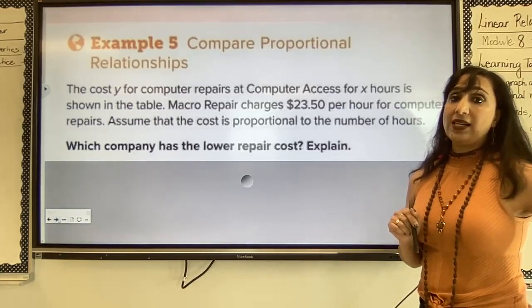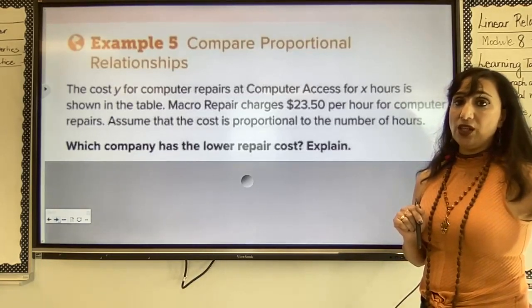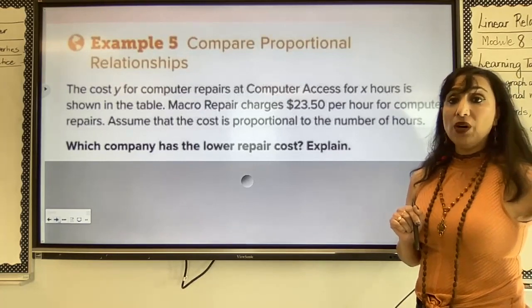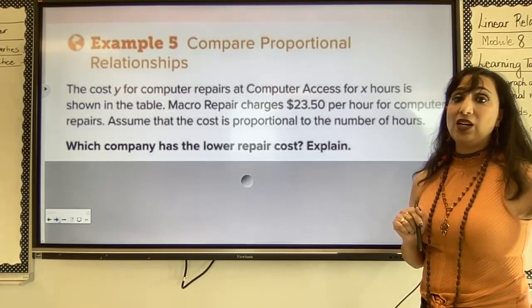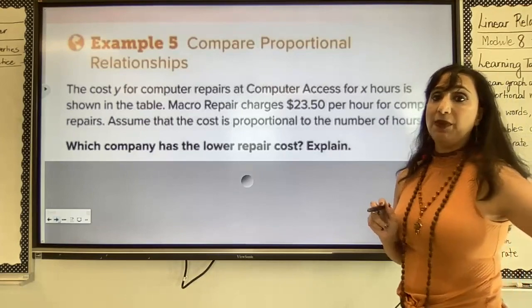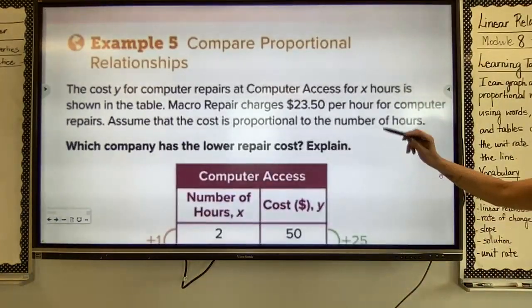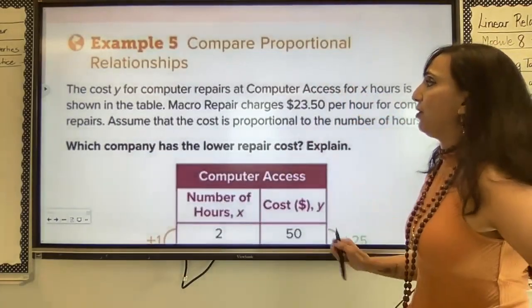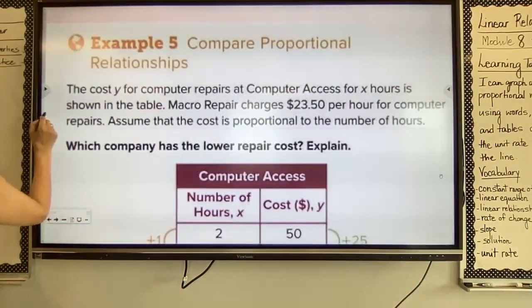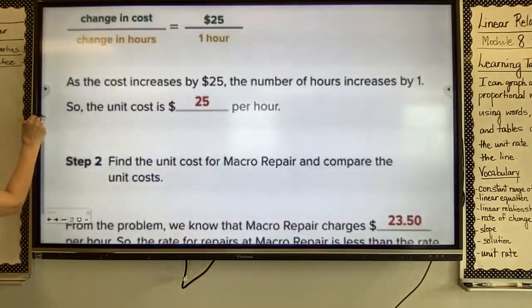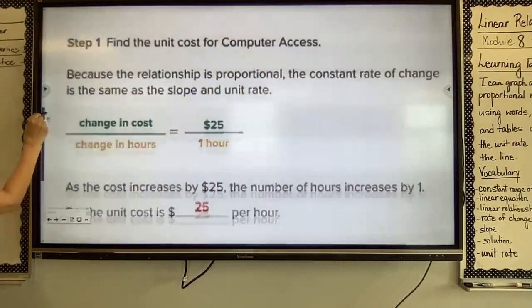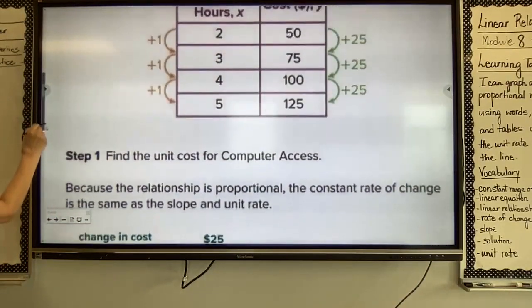Assume that the cost is proportional to the number of hours. Which company has the lower repair cost? Explain. Okay, so I'm going to show you the table, because this is what we look at for this part. And there's my table.